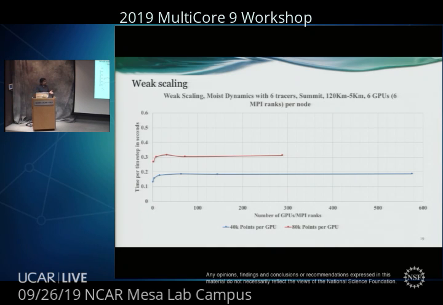So from 2 to 3, the third point, we go from 3 neighbors all the way up to 7 neighbors. That's why there is a bump in both 40K points per GPU and 80K points per GPU. And after that, there is no communication overhead, so it stays almost flat.